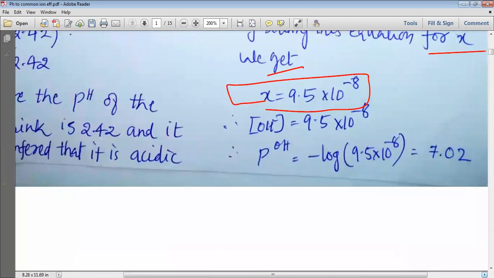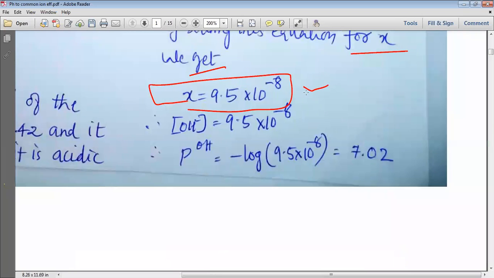So we get the value of x is equal to 9.5 × 10^-8, and therefore the concentration of OH⁻ is equal to 9.5 × 10^-8. We know that pOH is equal to -log of 9.5 × 10^-8, which is 7.02.